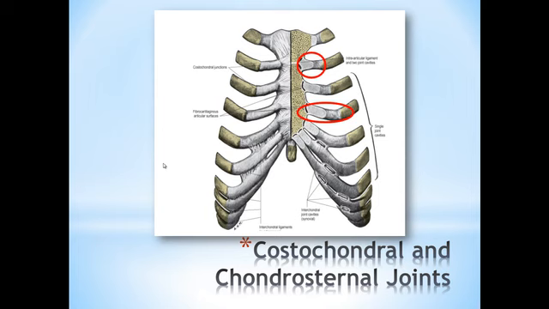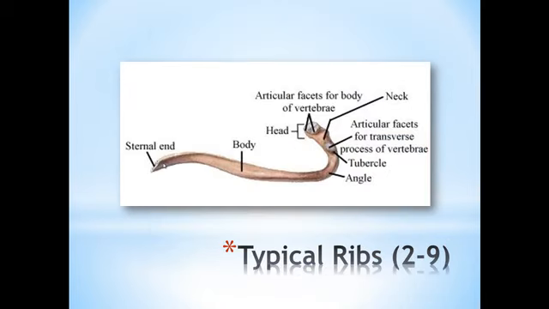Again, ribs 2 through 9 are typical, and that's really because the ribs each have 2 articular facets, or sometimes we'll call them demifacets. And they're separated by a ridge, which is the crest. So if we come back and look, we have the crest of the demifacet.